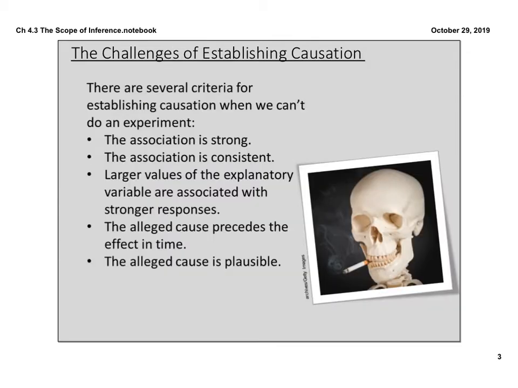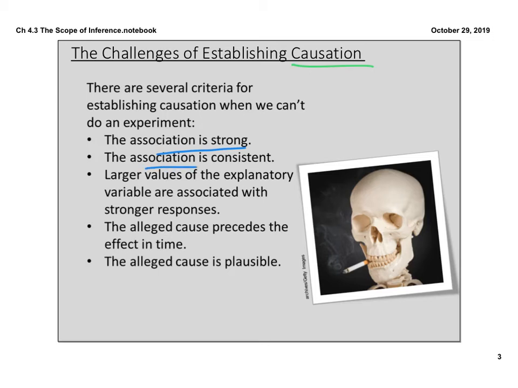So there's a lot of challenges. There's a lot of things that have to go right. A lot of stars have to align in order to imply or infer causation. There's several criteria for establishing causation when we can't do an experiment. If we're not doing an experiment, it's even harder because that's just an observational study and we lose a whole lot of control. So if we're trying to establish causation for an observational study, we need to have a really strong association.